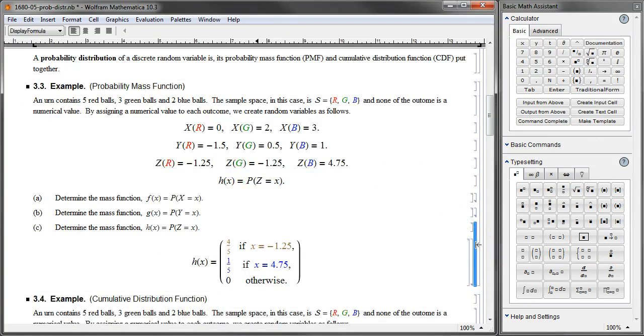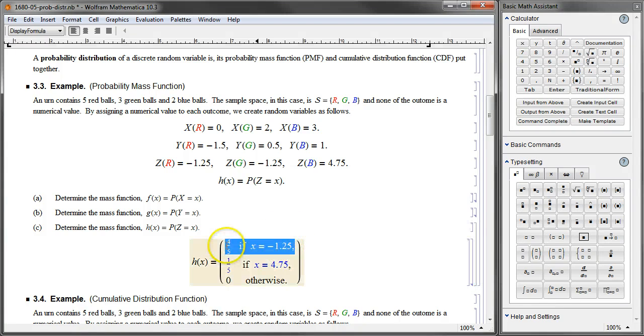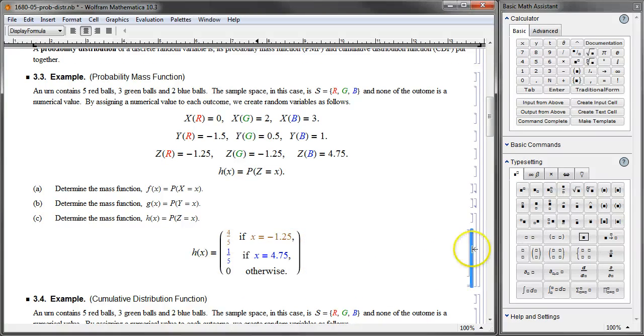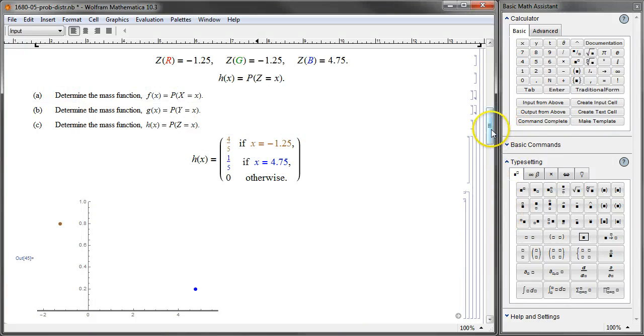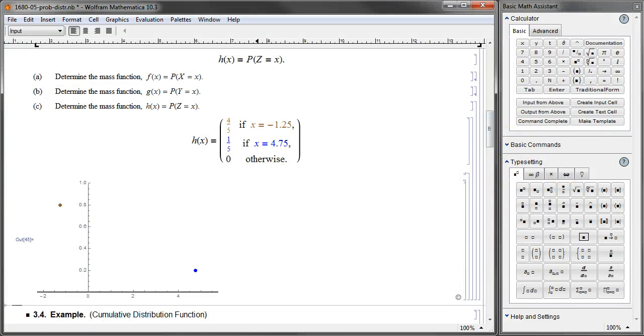Well, here we go. This is red or green. This one is blue. Otherwise, all 0. And here is the graph of the mass function. x equals -1.25: here's that probability. x equals 4.75: here is that probability. Otherwise, all 0.